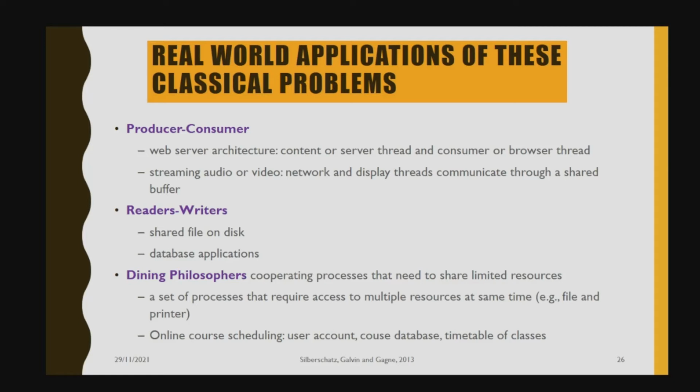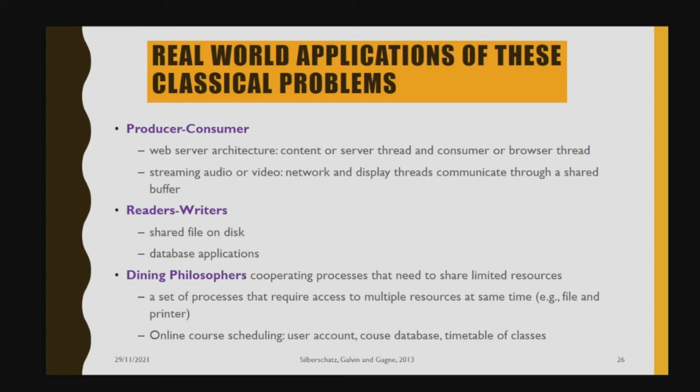And the third part is about the dining philosophers: think, eat, and think. These are cooperating processes that need to share limited resources. This refers back to the analogy that we have 5 philosophers and a rice bowl on the table, but when we want to eat, we need to use 2 chopsticks, and the resources are limited.